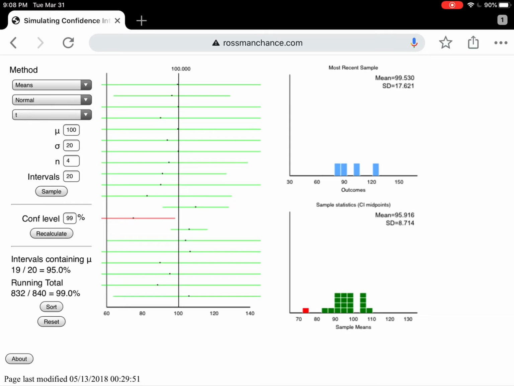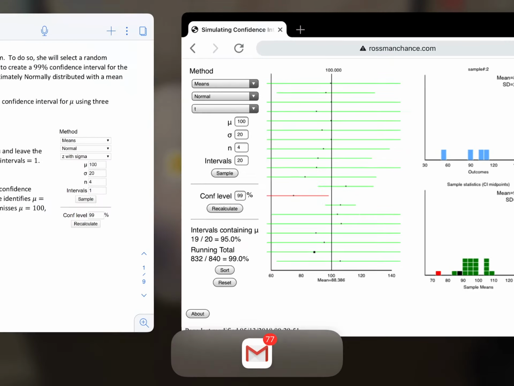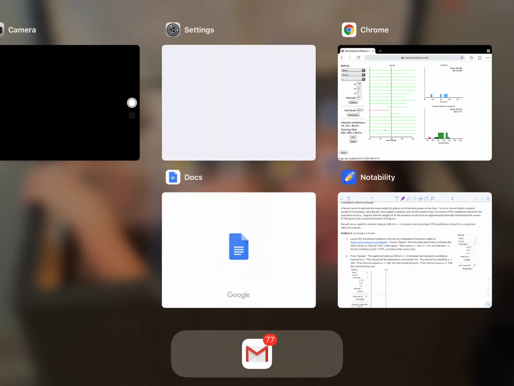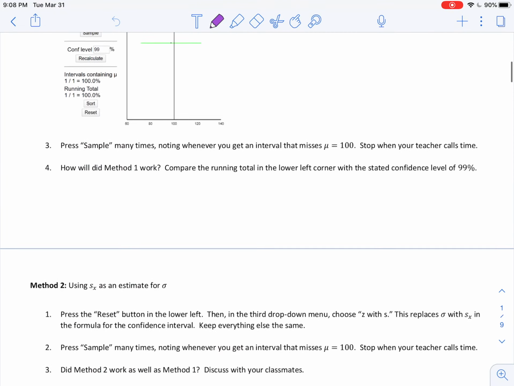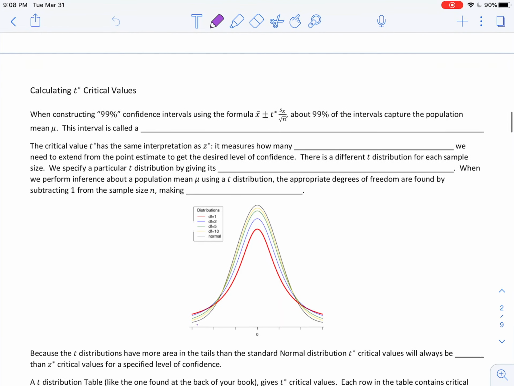But what we're seeing here is by changing this to T instead of Z, changing that critical value, we get the capture rate we're supposed to be getting. We can end up making these intervals crazy long. Some of them are still short. Sampling variability exists, but most of these are insanely long, and so that's how we can get our 99% confidence capture rate.